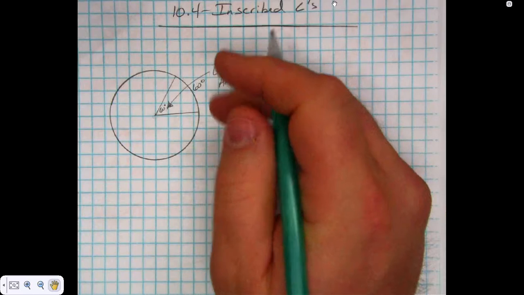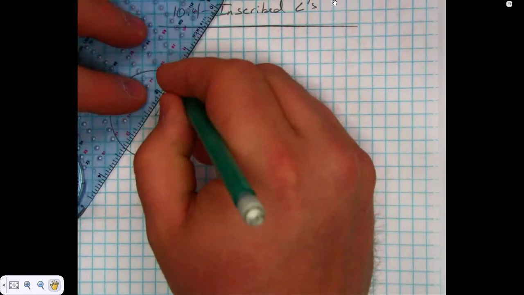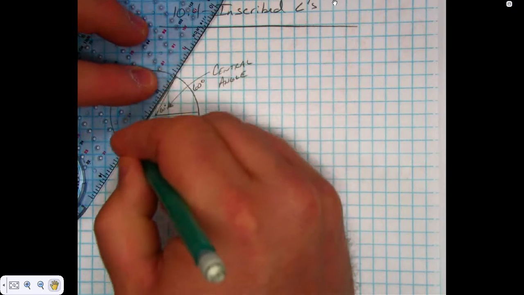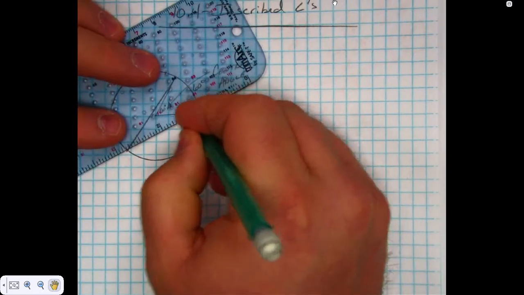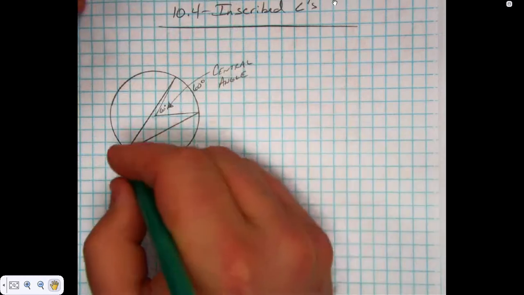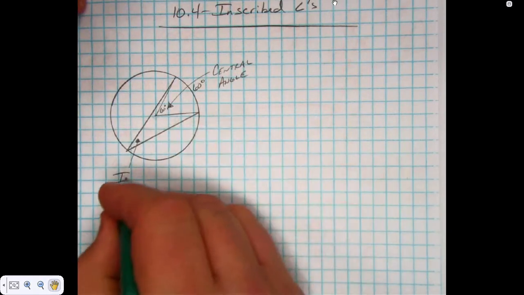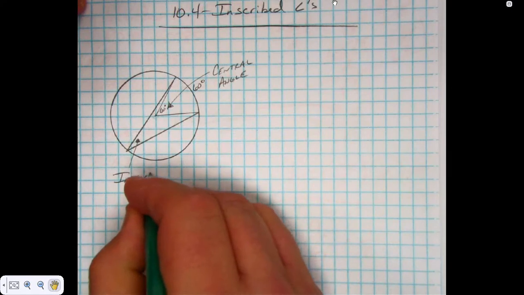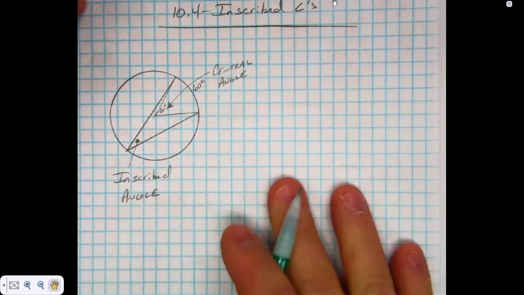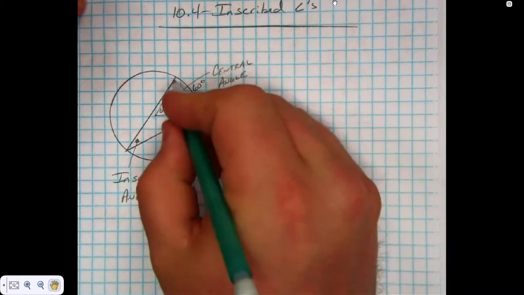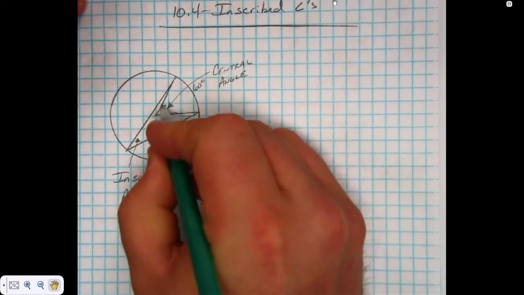Now, this is called an inscribed angle. Knowing that the definition of a central angle means that its vertex is on the center, what do you think defines an inscribed angle?